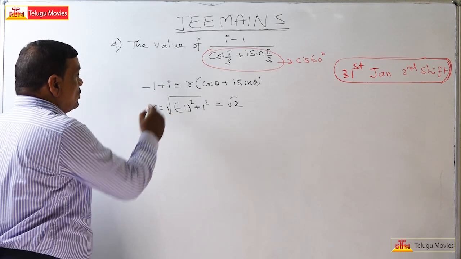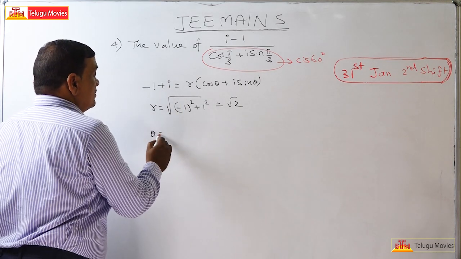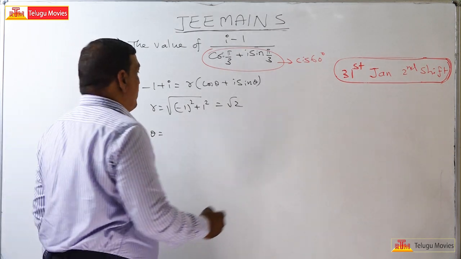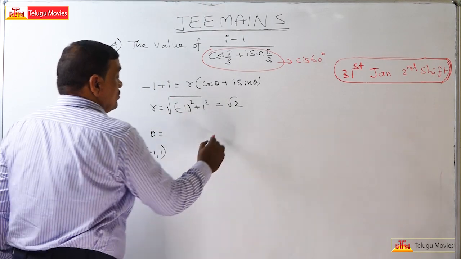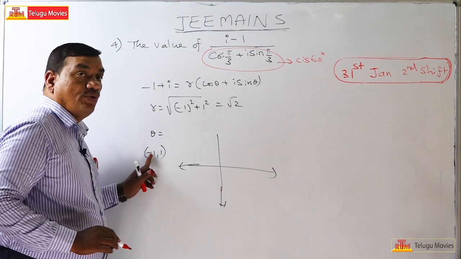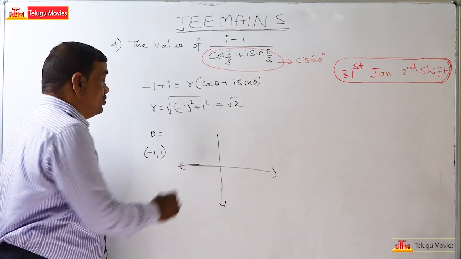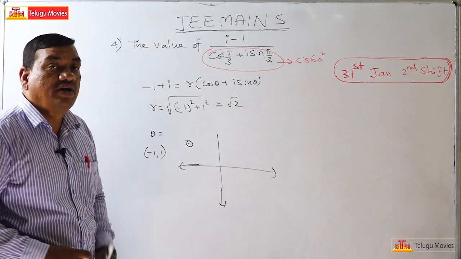Then how to find theta? Which quadrant does minus 1 plus i lie in? X negative, y positive, so it is the second quadrant.